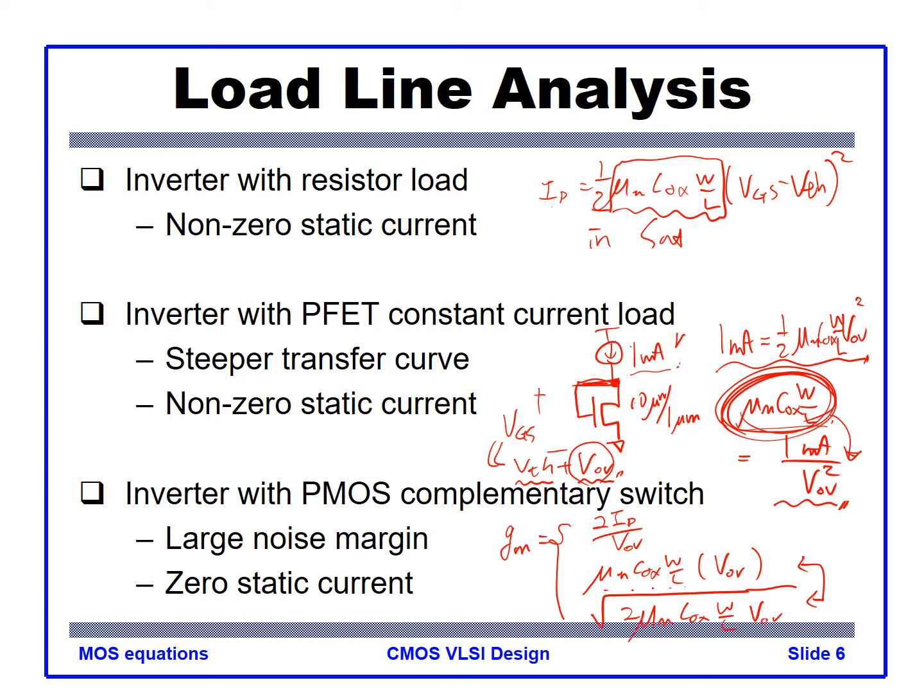The other one is square root of 2 mu n cox W over L times ID. The latter two equations require mu n cox W over L information, but the first equation doesn't, because once we know the current and overdrive voltage of the transistor, we can easily derive it.